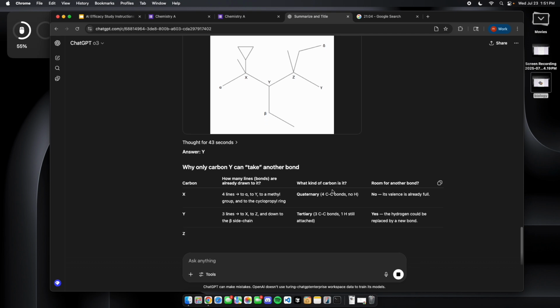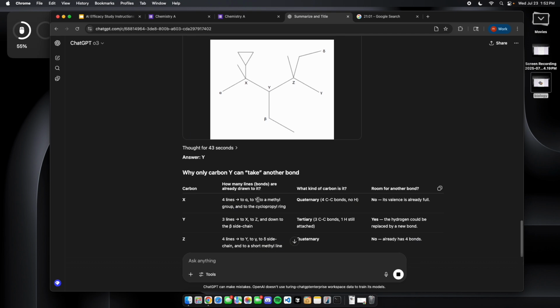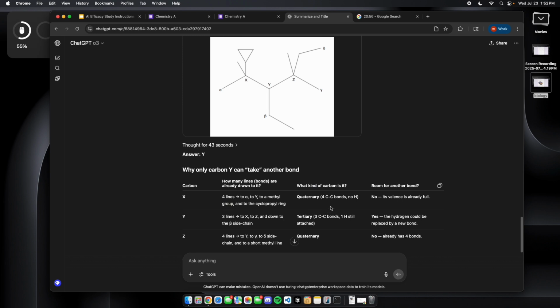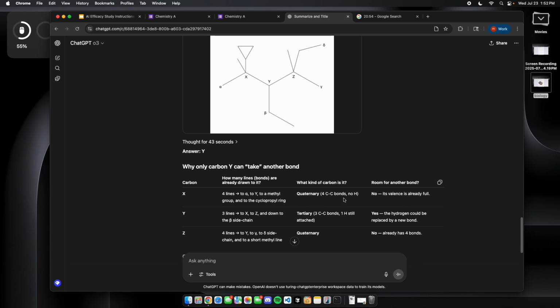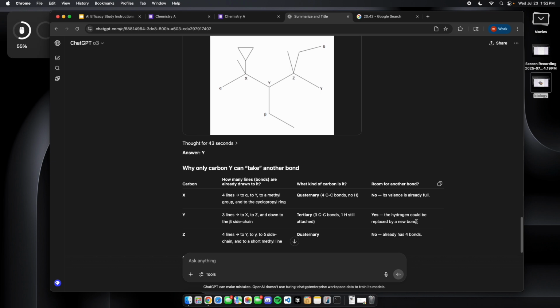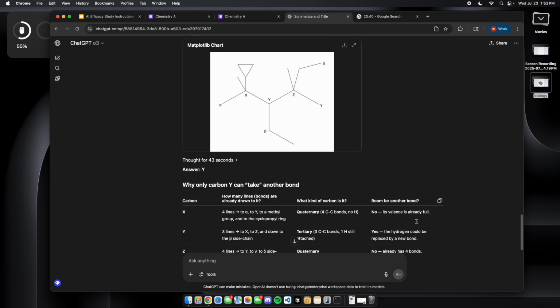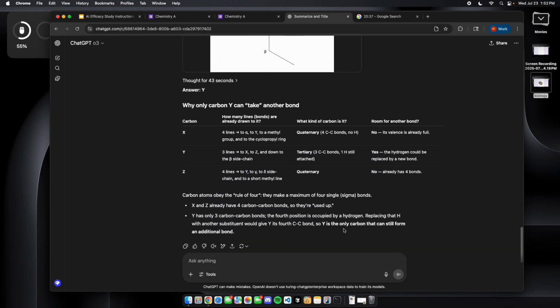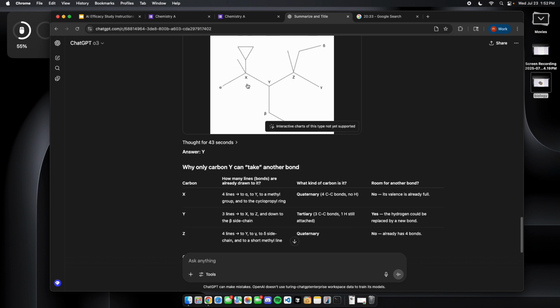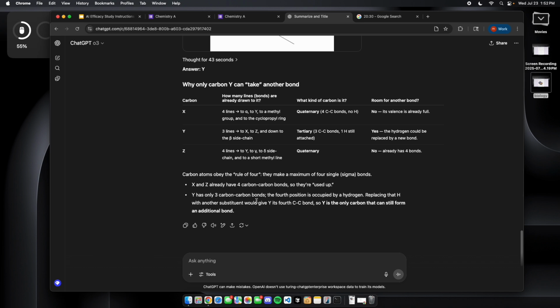Why only carbon Y can take another bond? X has 4 lines to this, to Y, to nothing, group. Y has 3. 4.